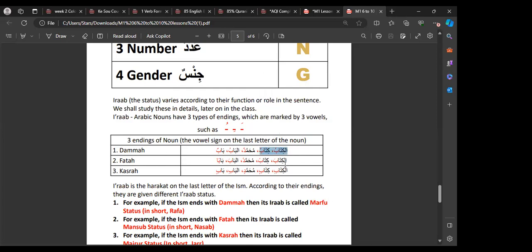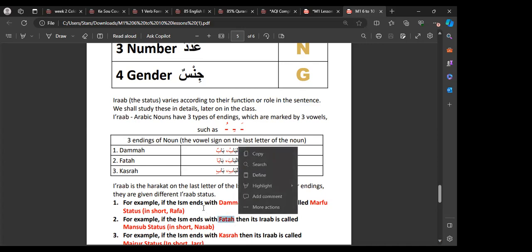And likewise, fatha, al-kitaba, the book, and kitaban, a book. No matter whether it's the book or a book, definite, indefinite, it doesn't change the fact that its status is mansub because it has a fatha.